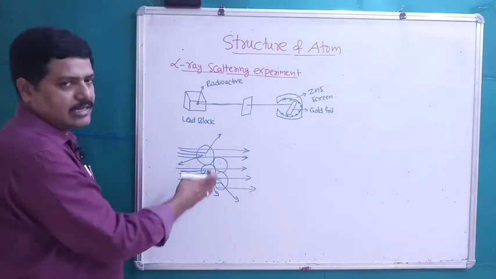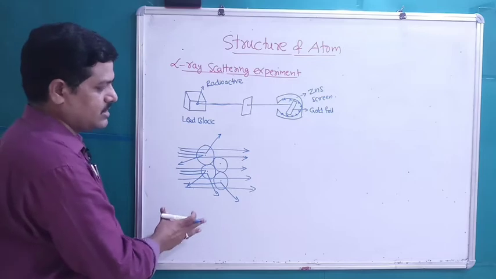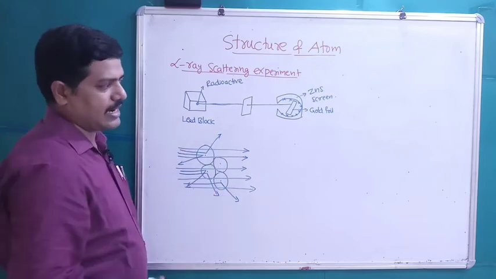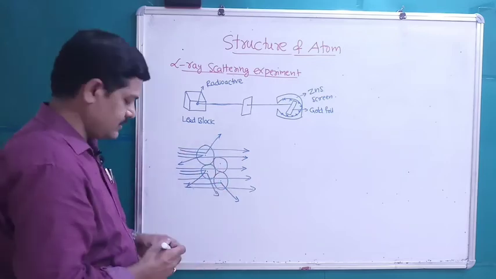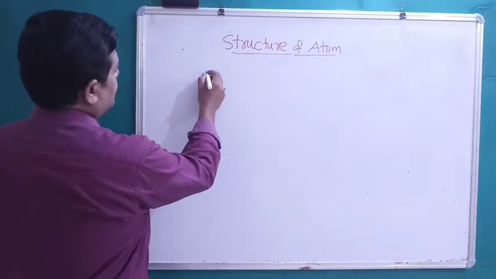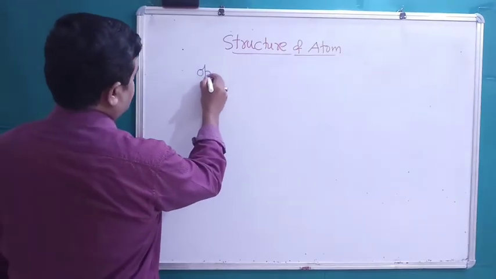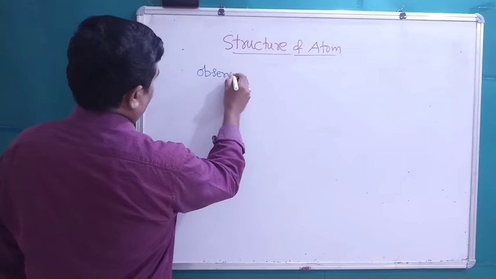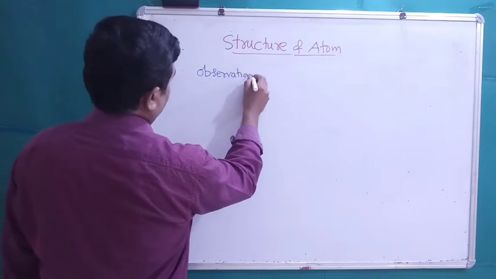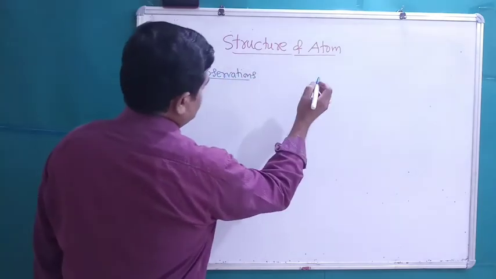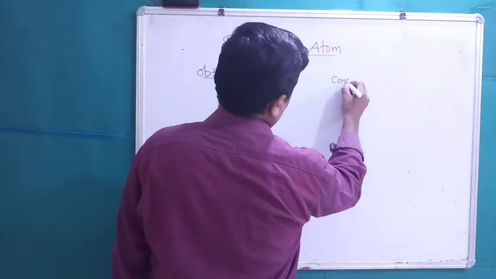Let us see clearly the observations and conclusions from the alpha ray scattering experiment. On one side we write observations, on the other side conclusions.